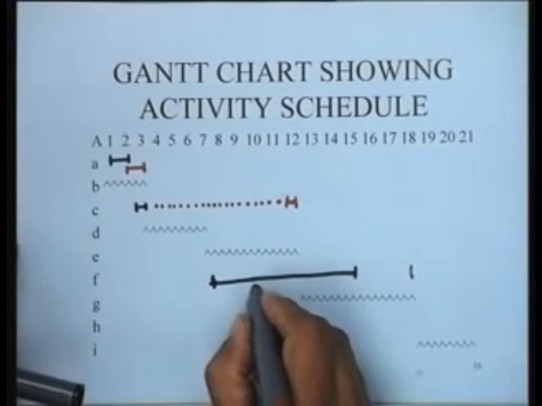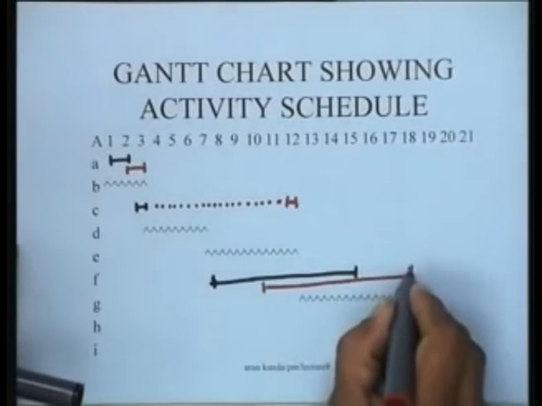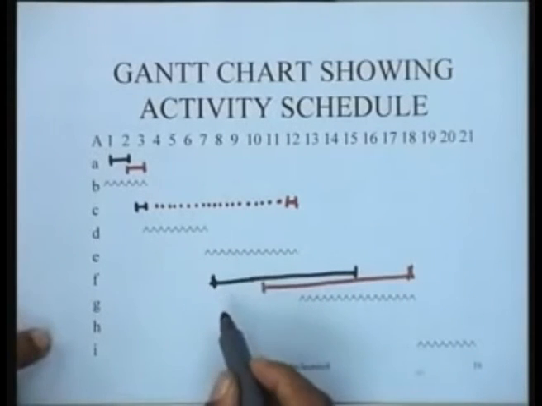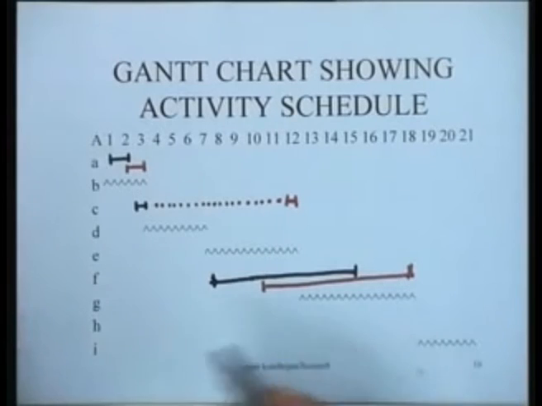So, it is started here in period 10. So, this particular activity can be slid from here to here, and it would not really affect the total project duration if this was done in this manner.